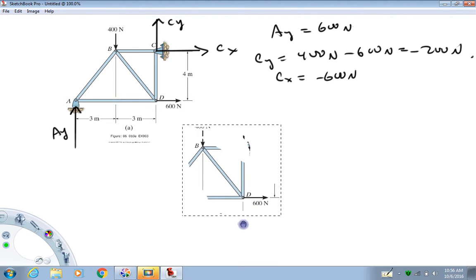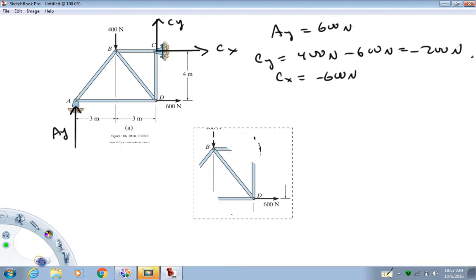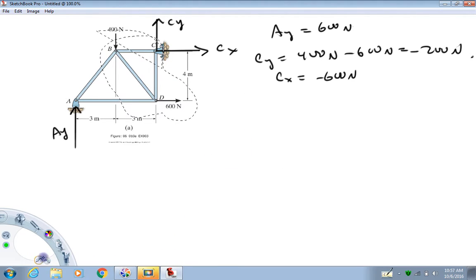Oh boy, something went wrong there. Oops. Lasso. All right, so what I want to do here is come right through here. Why is that doing that?